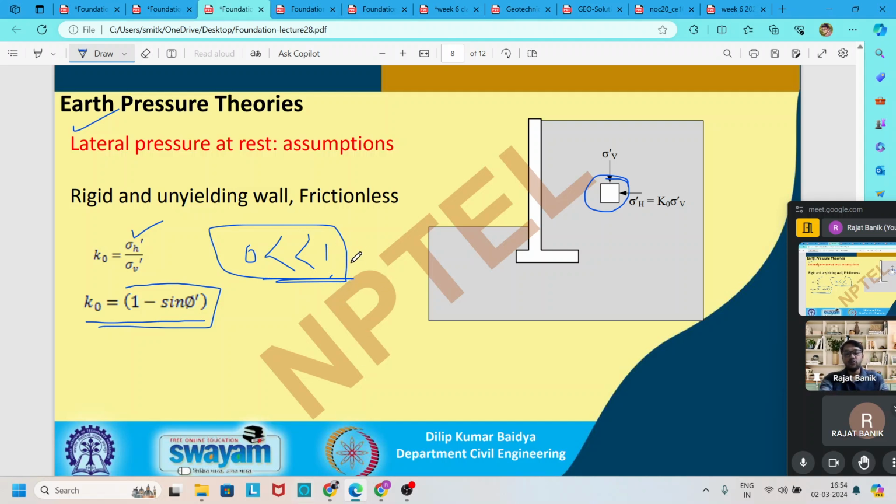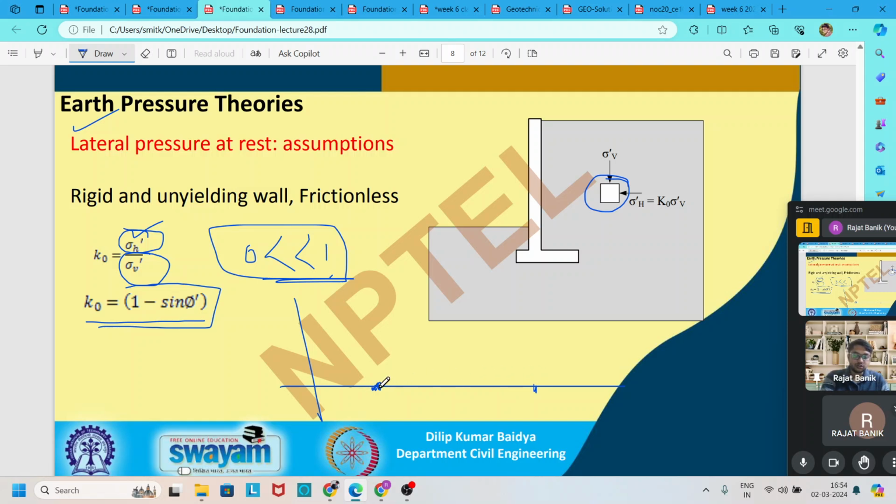If we draw the Mohr circle, considering these two as principal stresses, sigma H becomes the minimum principal stress and sigma V becomes the major principal stress. So on the Mohr circle, the minimum side is the left side and the major, sigma V, is the right side.